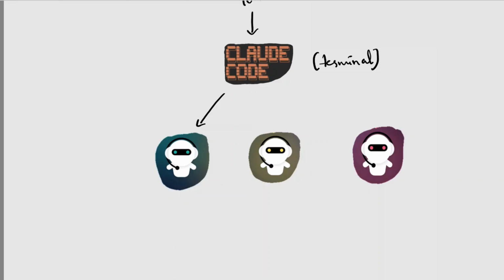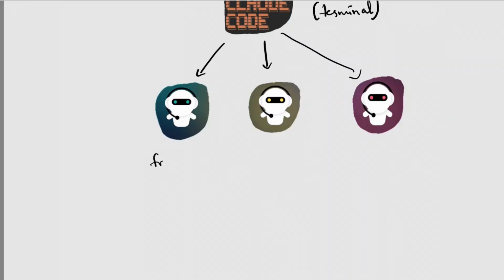When you give a prompt to Claude Code, like I want to build a website for e-commerce shopping, I will assign different kinds of tasks to different agents. Like I will assign a front-end task to a front-end engineer, and a back-end task to a back-end engineer. And I want the design of the website done by a UI designer.